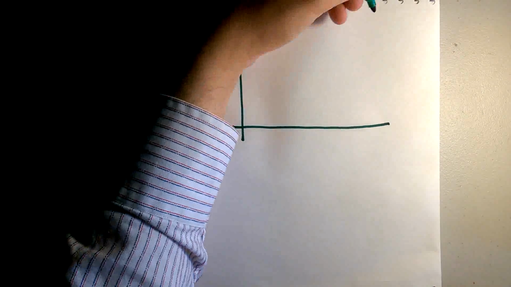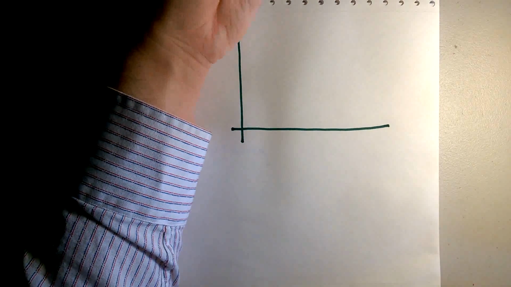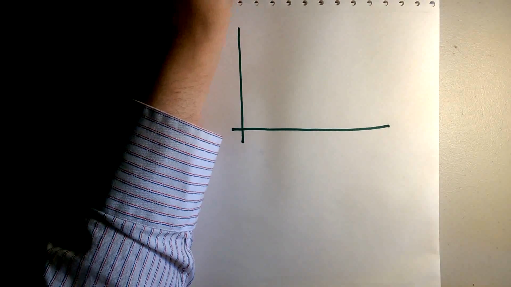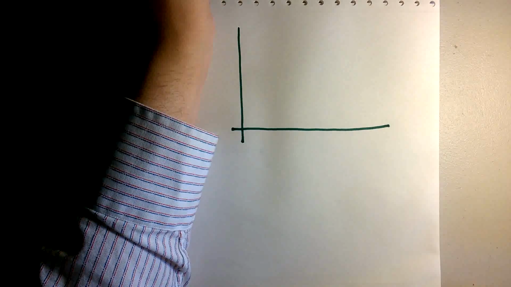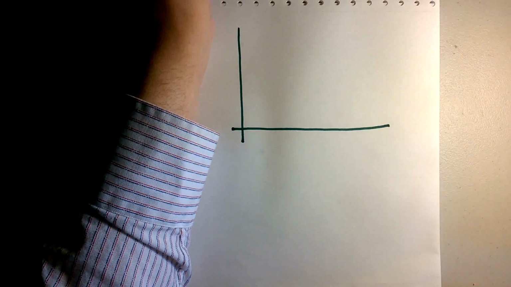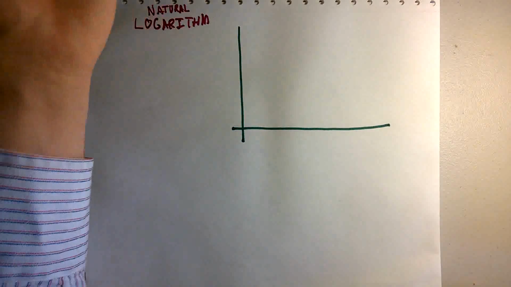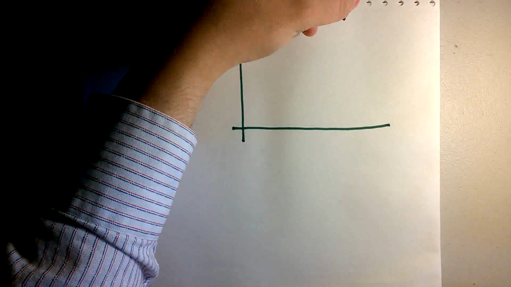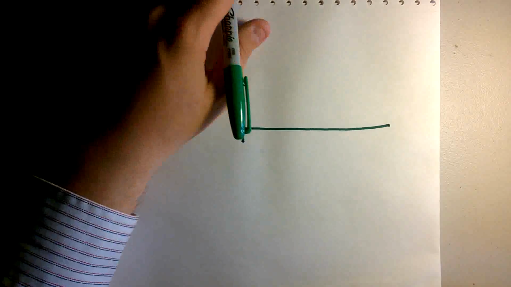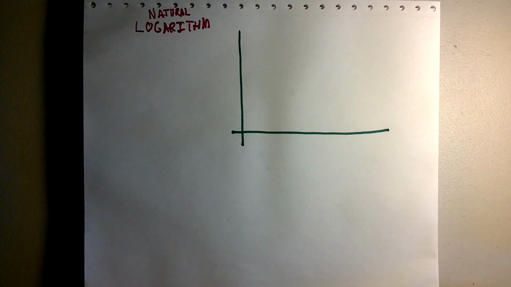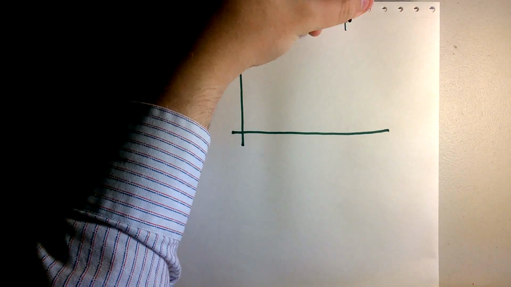So, in the early 1600s, this guy named John Napier, or is it Napier? I think if it's British, it would be Napier, but I think it was French, so I'll say Napier, but yeah, let's say Napier, just to be inexact. But in, I'm going to say 1613 or something like that. Either way, early 1600s.